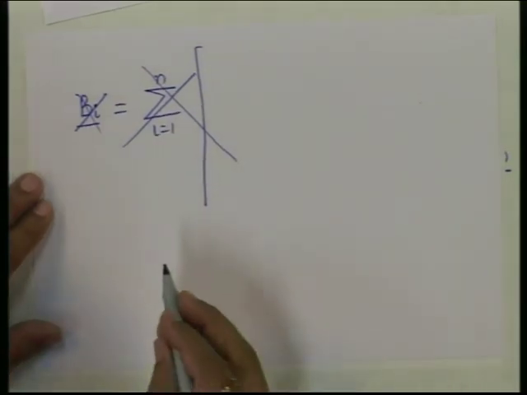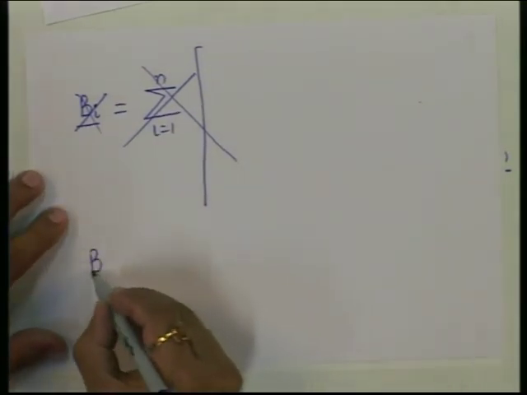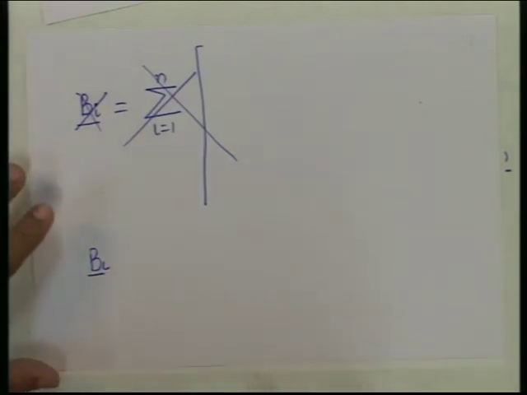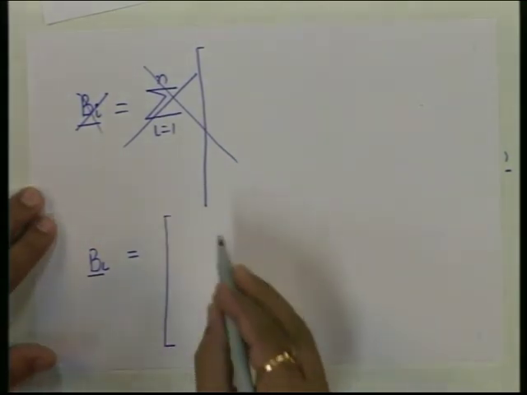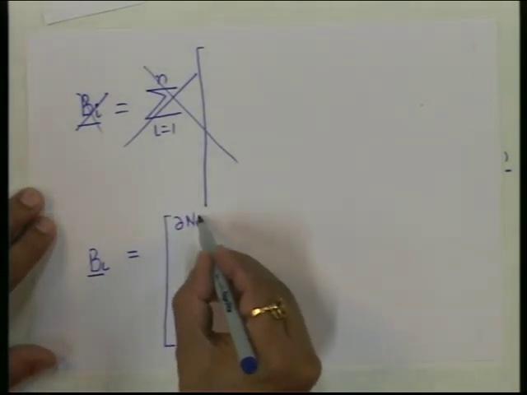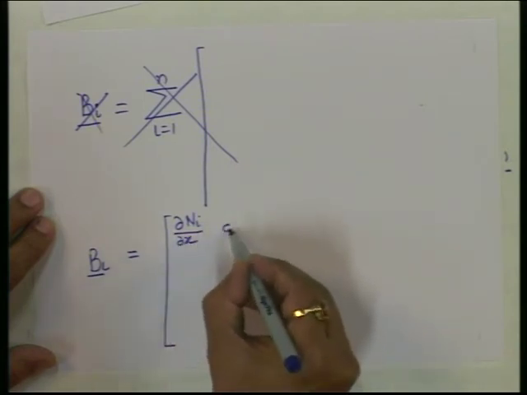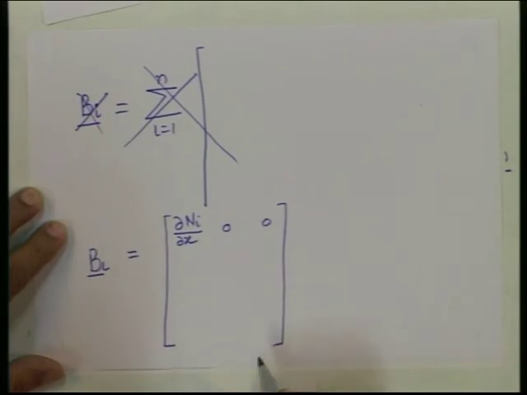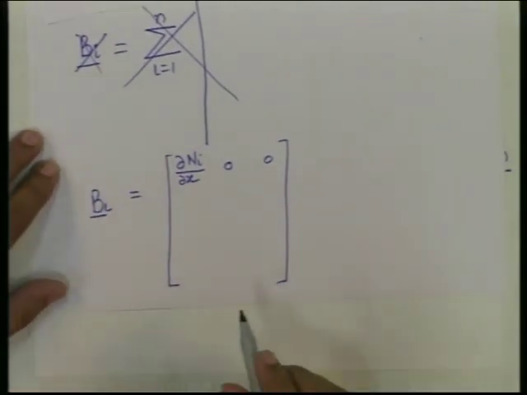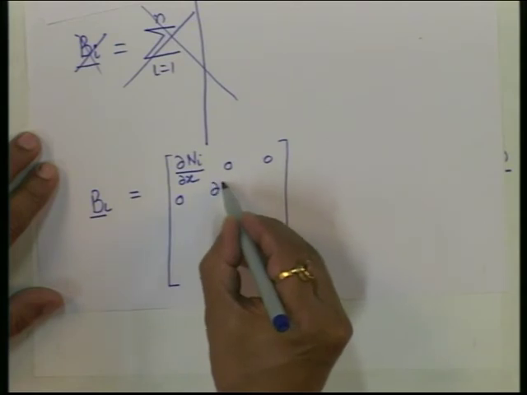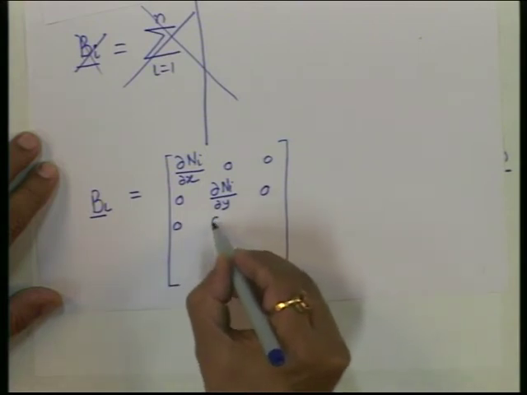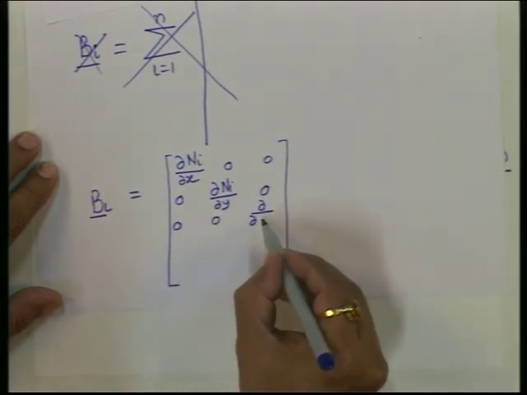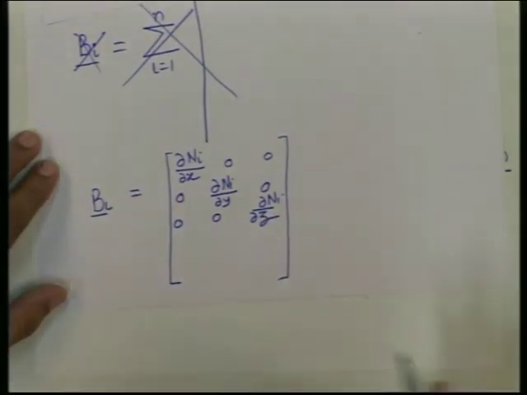So I will write only B i. B i looks like just a general dN i by dx, 0, 0. The rest of it you can fill up: 0, dN i by dy, 0, 0, 0, and similarly the other one, dN i by dz.